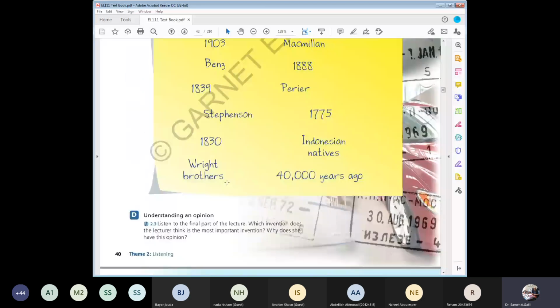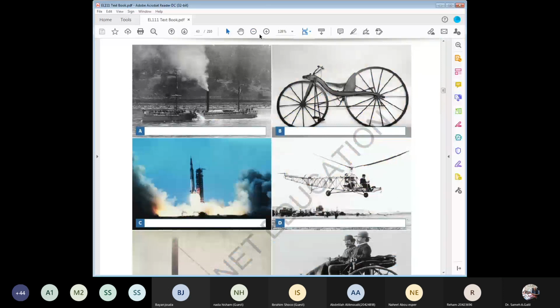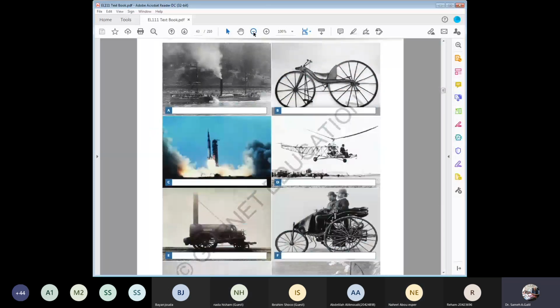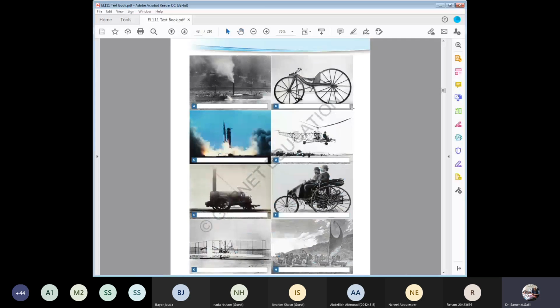Okay. Can you see that? Yes, we can see. So these are forms of transport, but obviously these are old ones, the old versions of the forms of transport that we have now. So is this past or present, I'm asking you. Past.